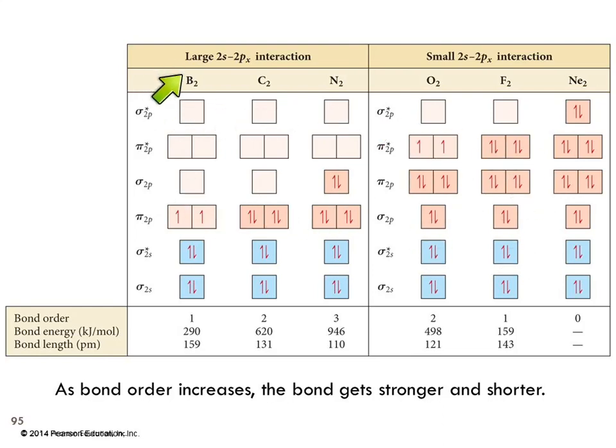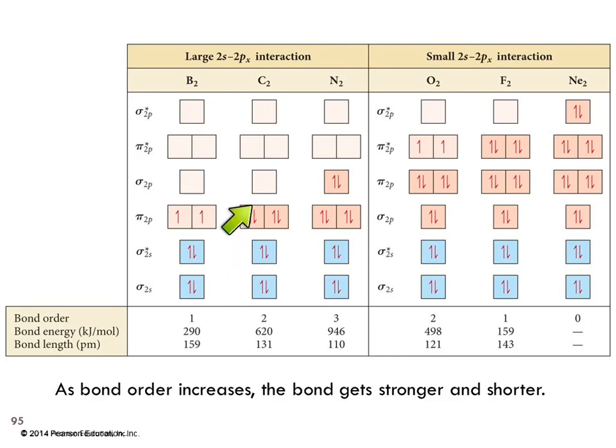So for boron, we've got 6 electrons, 3 from each boron atom. These are the valence electrons. They're going to fill up the 2s bonding and antibonding orbitals, and then the pi 2p bonding orbital will have 2 electrons in it. So this one is going to have a bond order of 1.